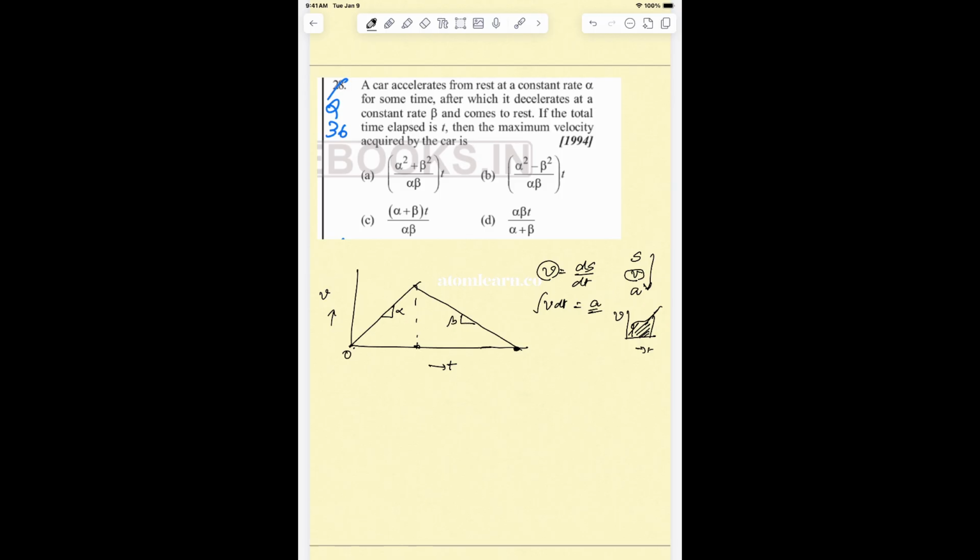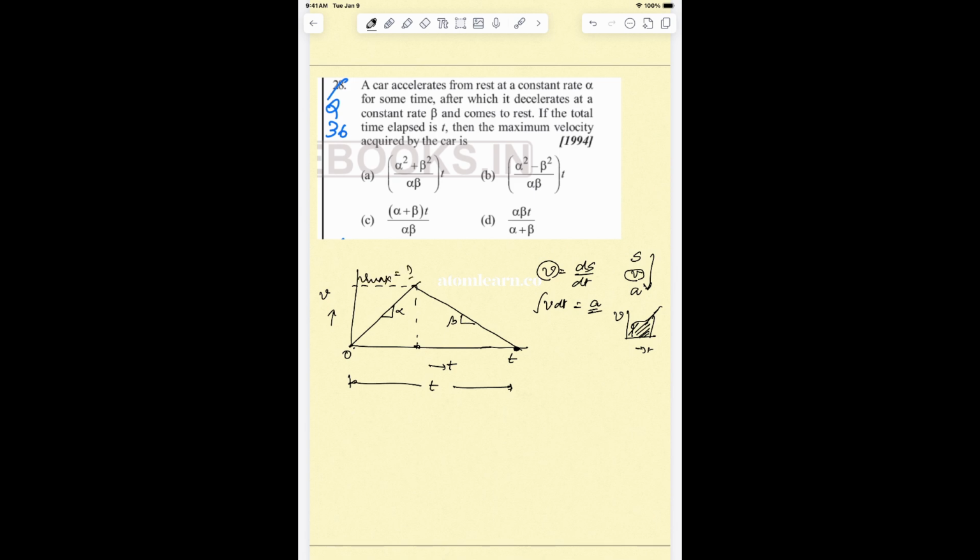Now, the total time elapsed is t, that means from here to here it is called t. This point is 0, this point is t. Then what is the maximum velocity acquired by the car? This is the maximum velocity, v max.